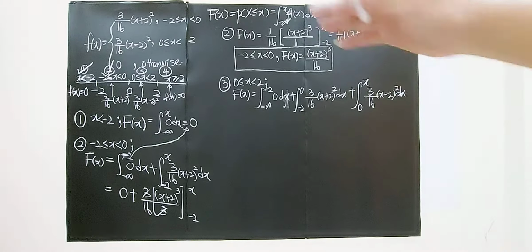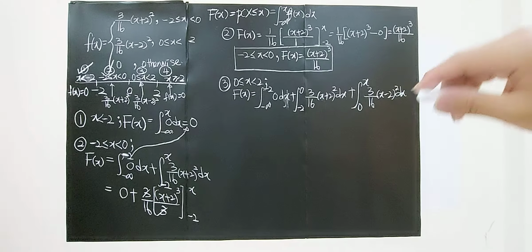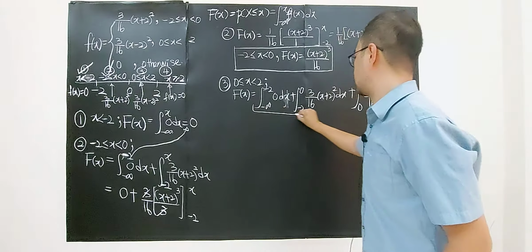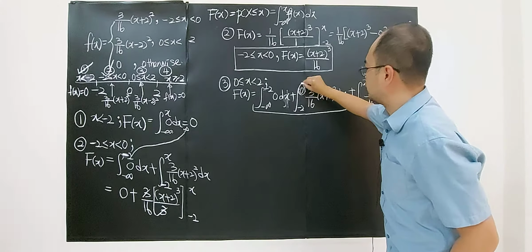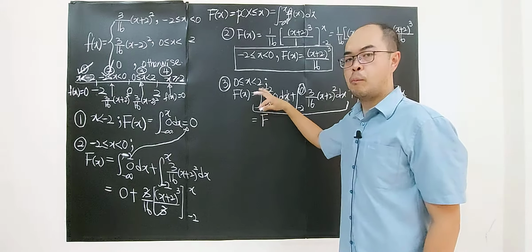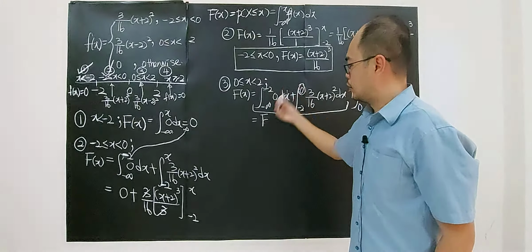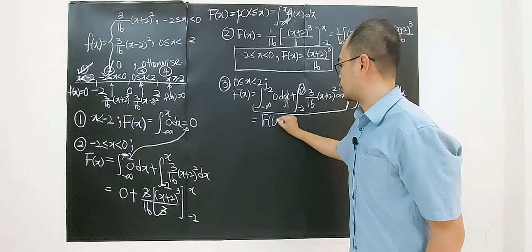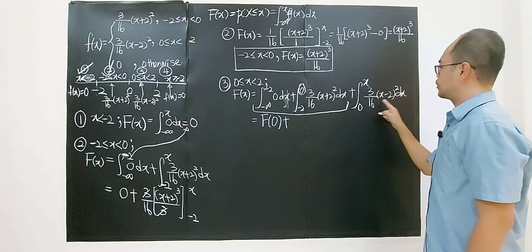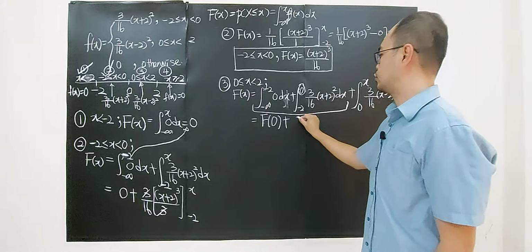So, okay, you have 3 integrals. Look at the first 2 integrals, it ends with the number 0. This is to tell us that we have already accumulated the probability up to 0 plus the current one.